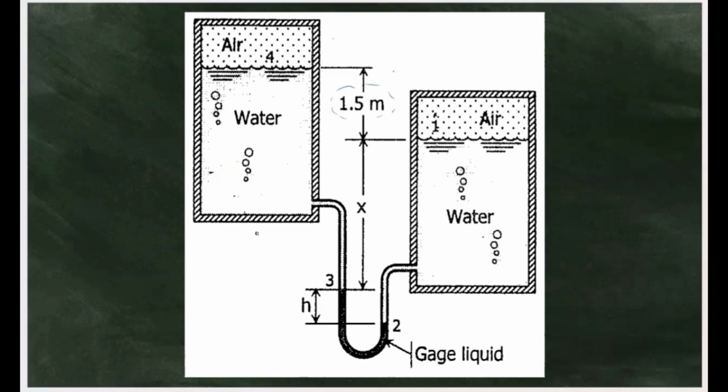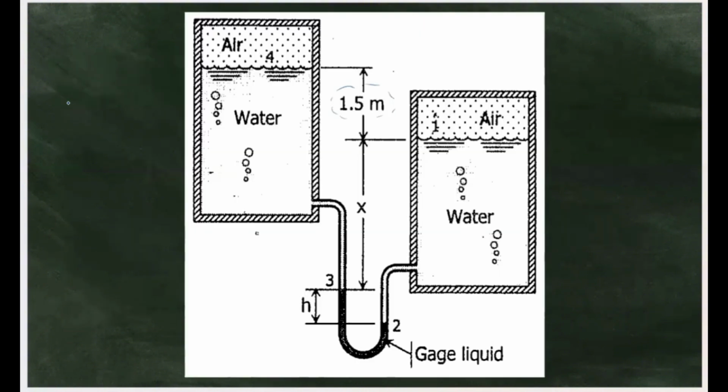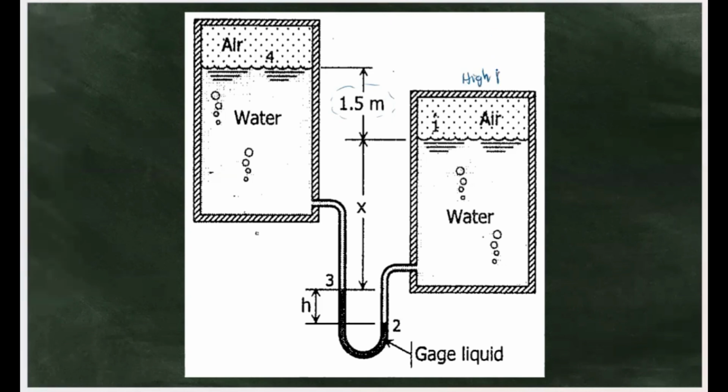So, ang sinabi sa problem, the higher pressure vessel is 1.5 meters below, 1.5 meters lower in elevation. So, malamang itong nasa right side na tank, ito yung high pressure na level.